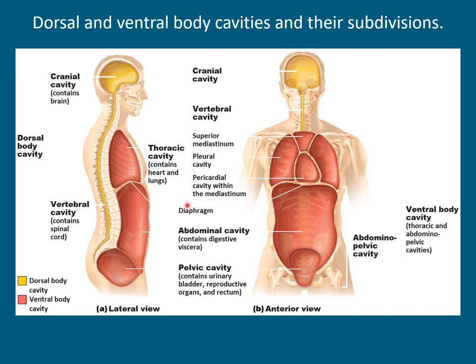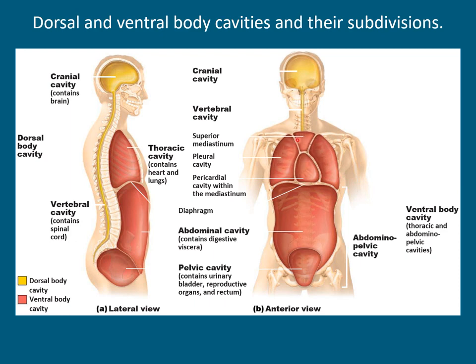So once again, in this picture, from this side view or lateral view, here's the thoracic cavity, abdominal pelvic. So here's the abdominal, here's the pelvic, and from this anterior or front view, you can see with the thoracic cavity, here are the two pleural cavities that have the lungs.